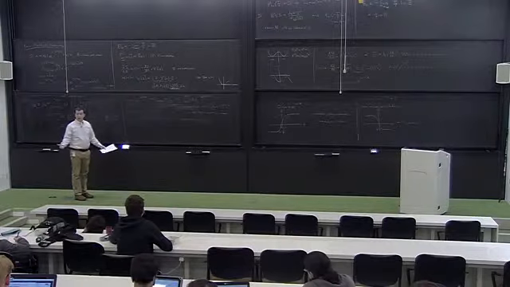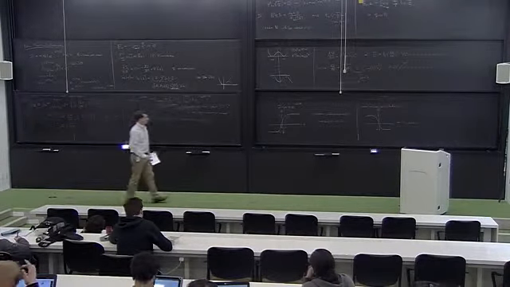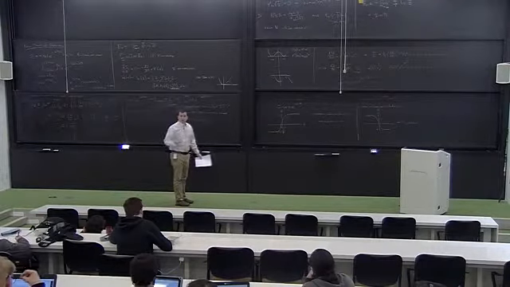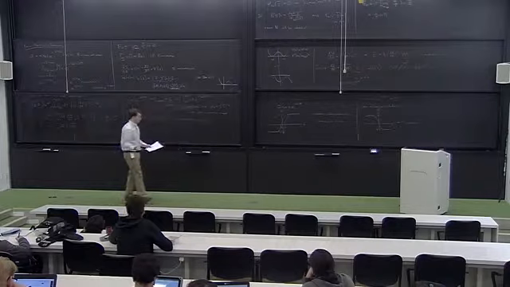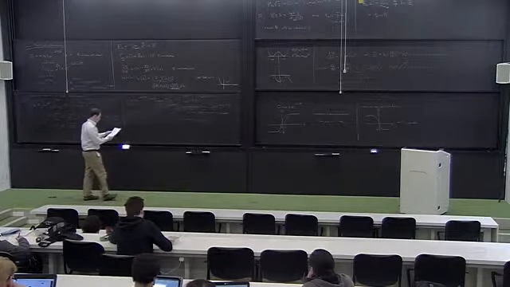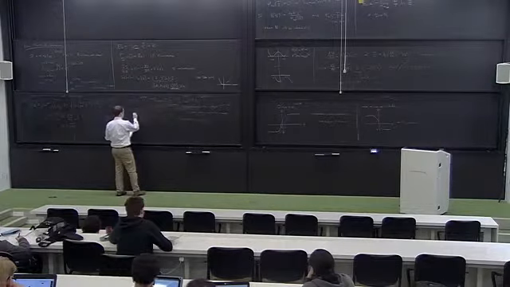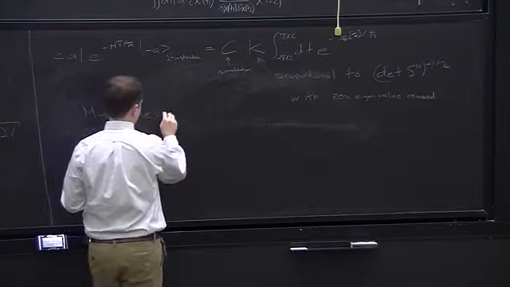So one instanton solution corresponds to tunneling once from minus A to A. But there's no reason the particle couldn't tunnel back and forth multiple times. It could go from minus A to A to minus A to A as many times as it likes. So we need to account for the multiple tunneling solutions.